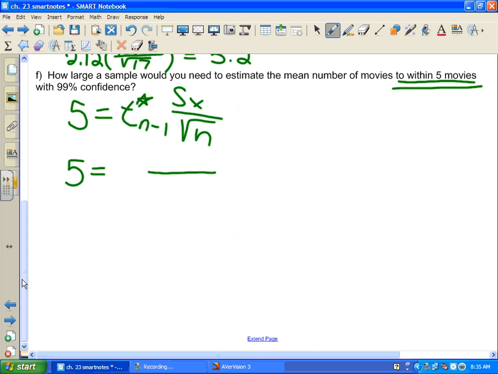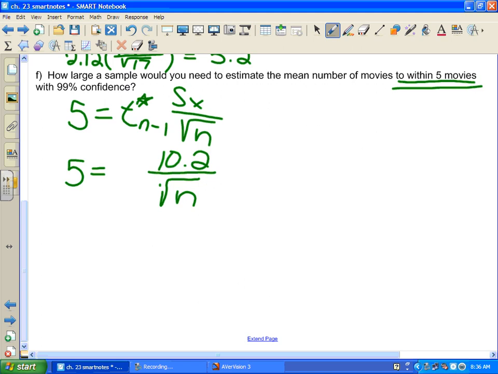Okay, is there any of this that we already know? We're trying to find radical n, so don't tell me that. Okay, standard deviation was 7.2. So say we're getting a new sample, we want to be within 5 movies of the actual population mean.